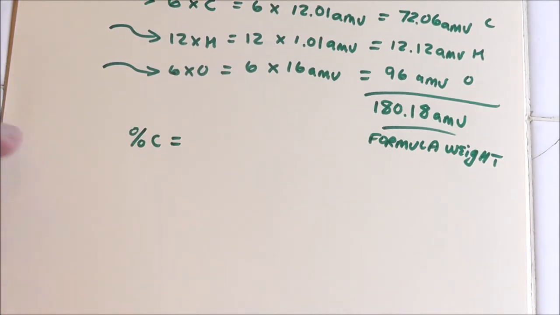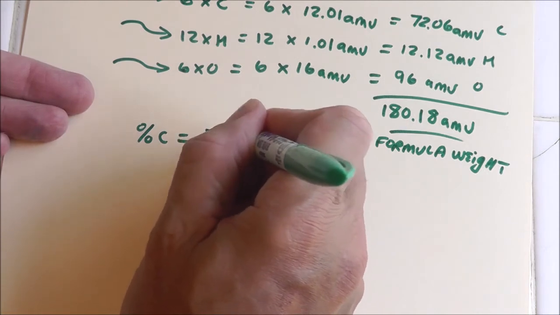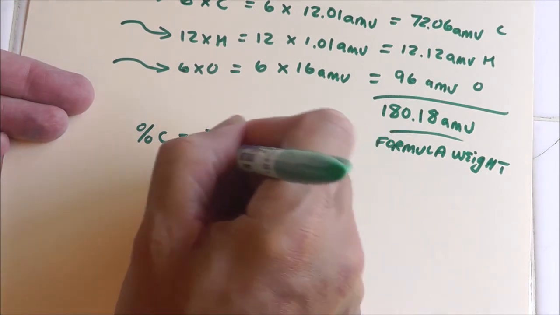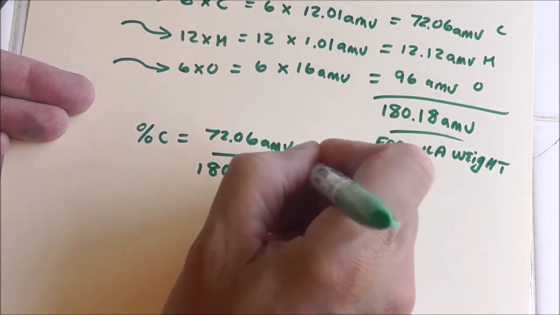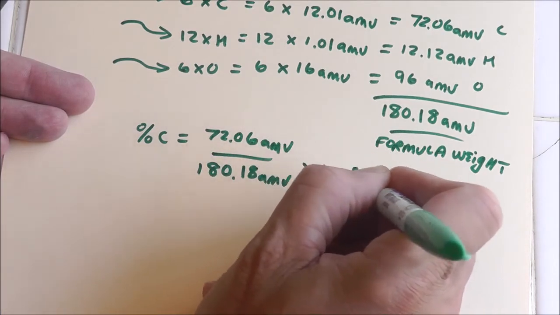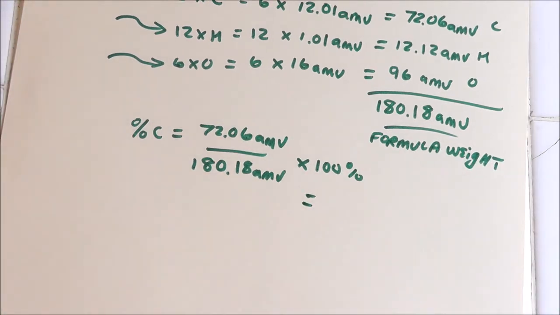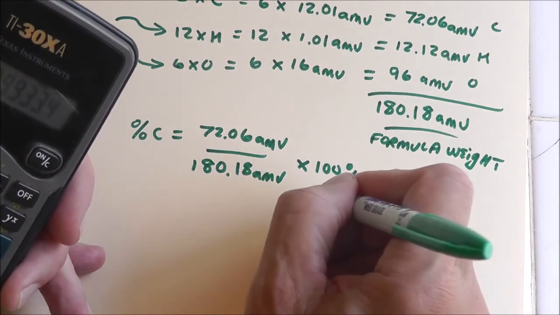According to the formula, by atom ratio, carbon is only 25% of glucose, but by mass, it would be the 72.06 AMUs divided by the whole thing times 100%, which in this case would be 72.06 divided by 180.18 is 39.99%.